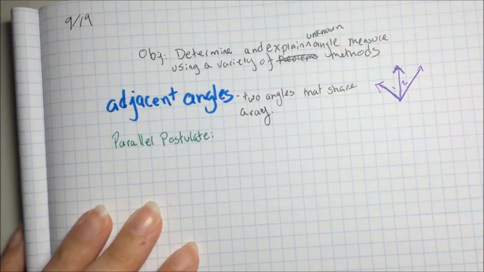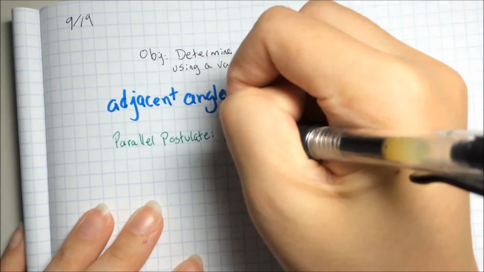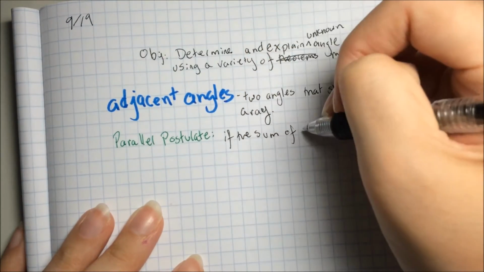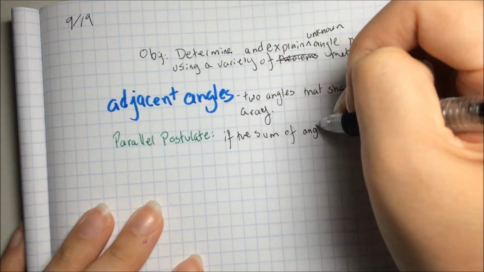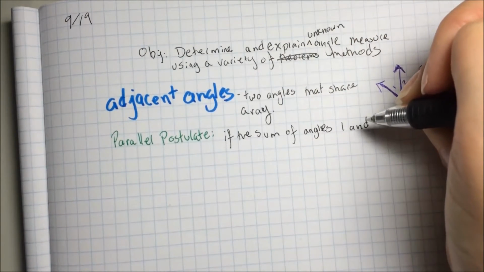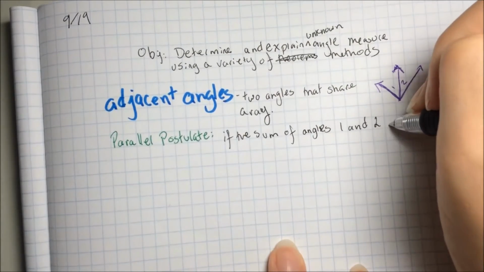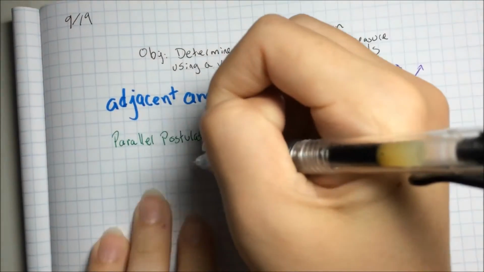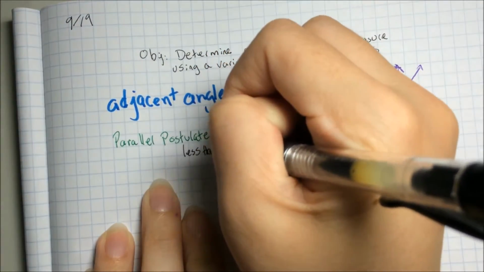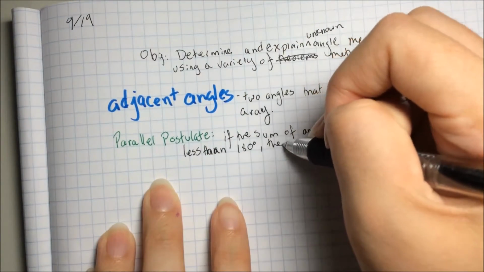So the parallel postulate says that if the sum of angles 1 and 2 are less than 180, the lines will intersect.